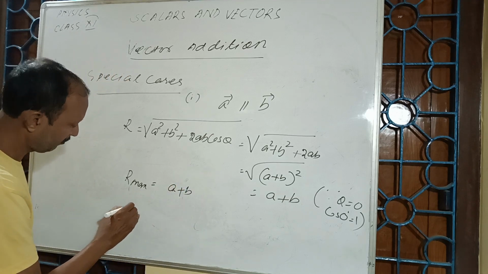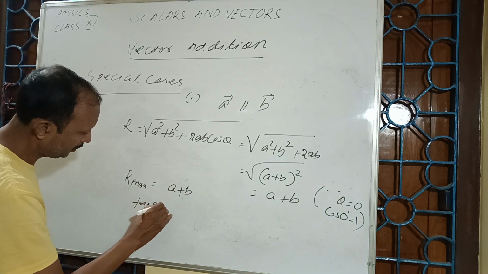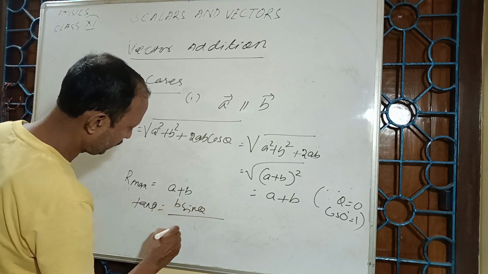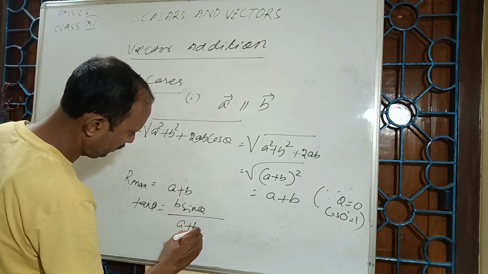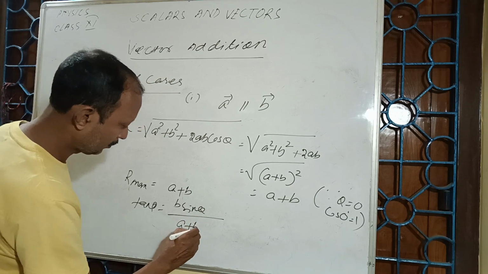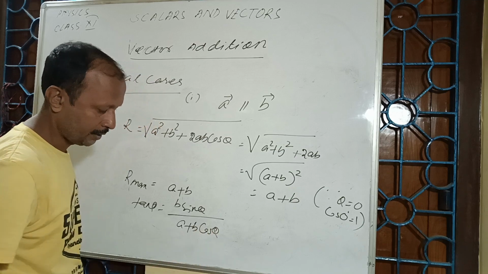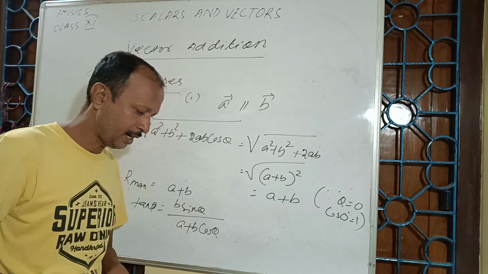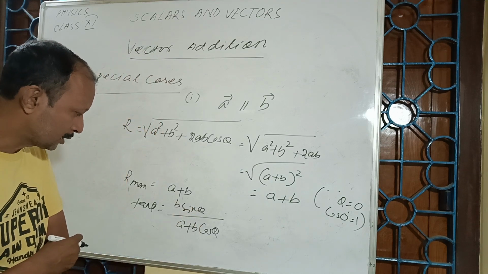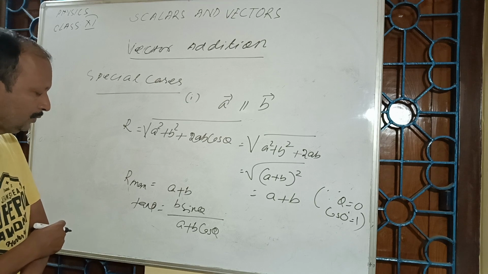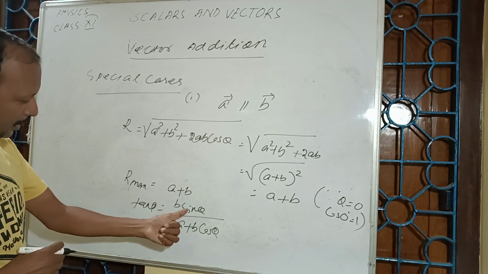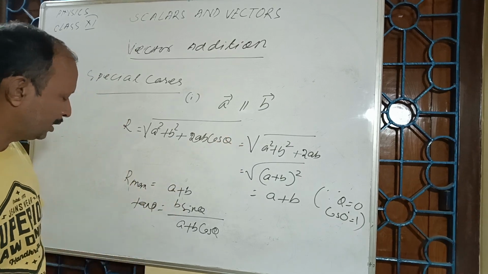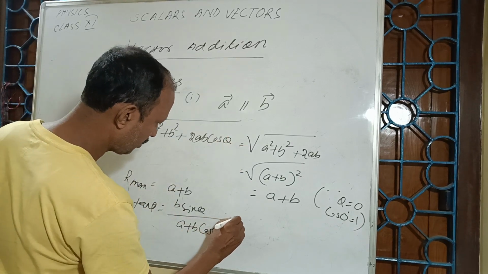Then what about tan phi? Tan phi is equal to B sin theta divided by A plus B cos theta. Since theta is 0, sin 0 degree is equal to 0, so tan phi is equal to 0.